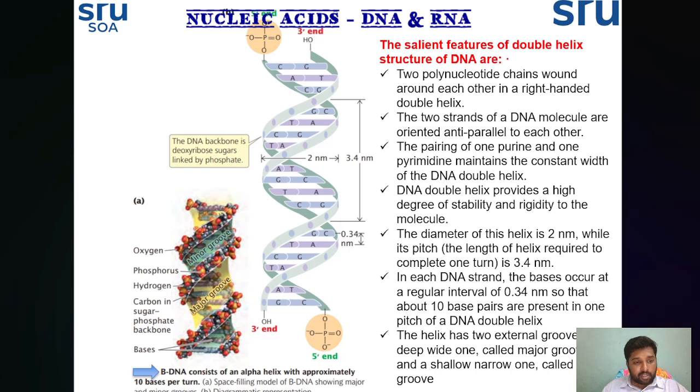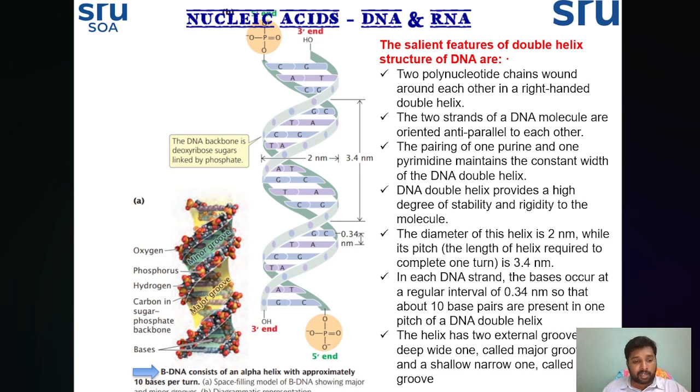Each polydeoxyribonucleic acid strand is composed of many deoxyribonucleotides joined together by phosphodiester linkages between their sugar and phosphate residues, and the sugar phosphate backbones are on the outsides of the double helix with the nitrogen bases oriented towards the central axis.